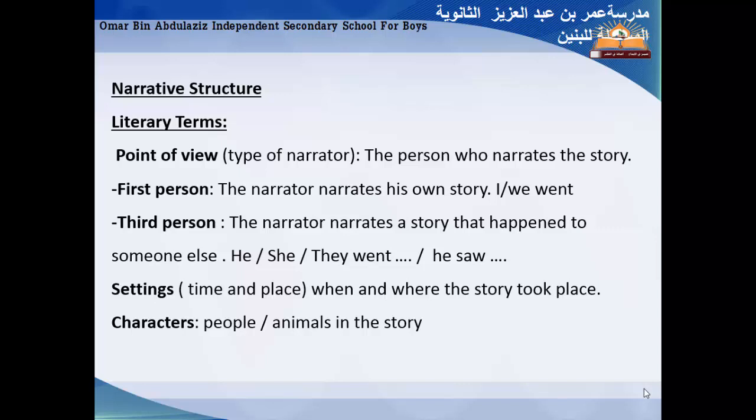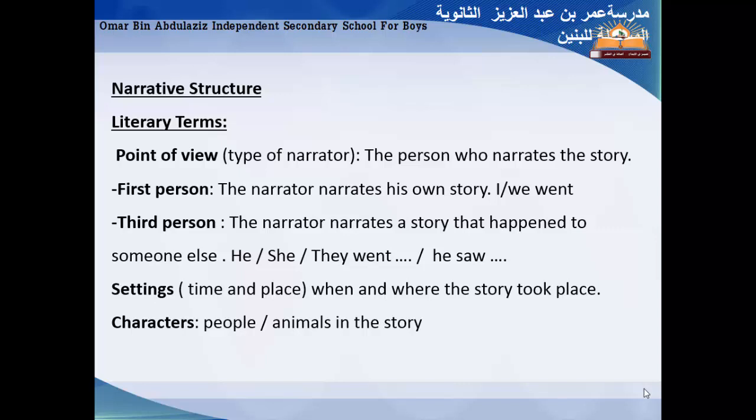For example, I went or we went. Turning to the third person, the narrator narrates a story that happened to someone else, using the pronouns he, she, they, and so on.